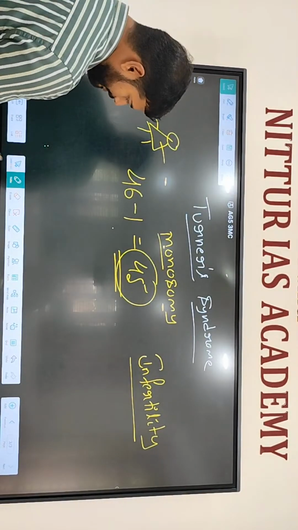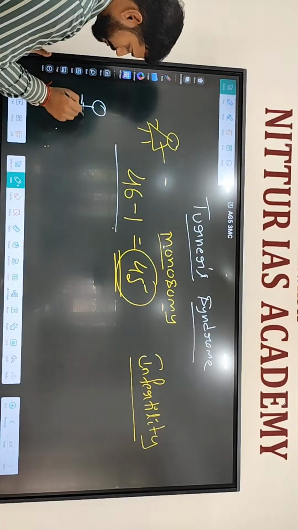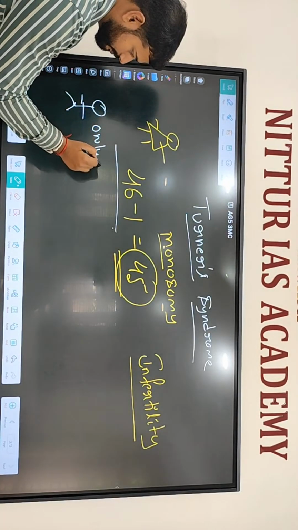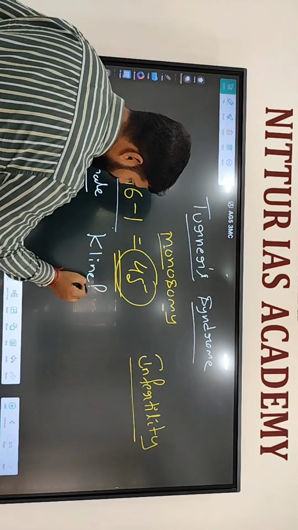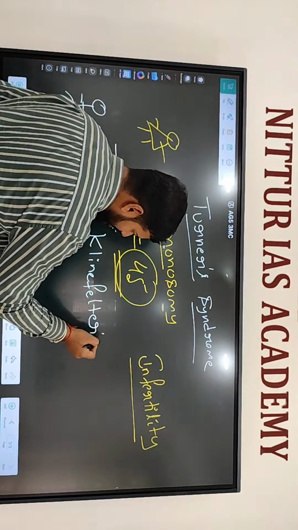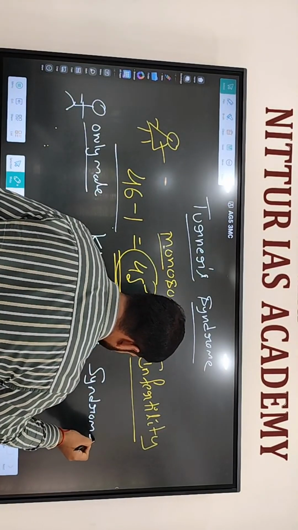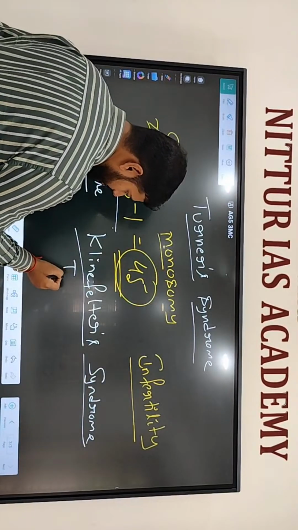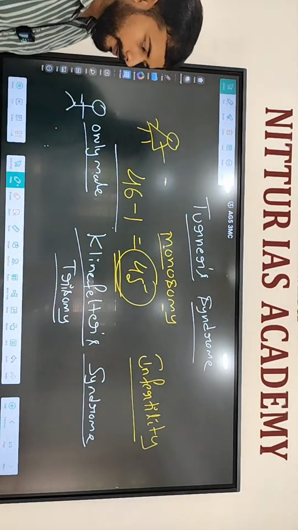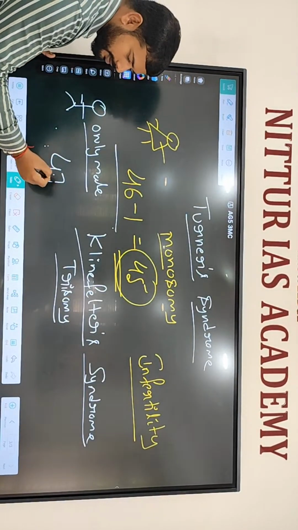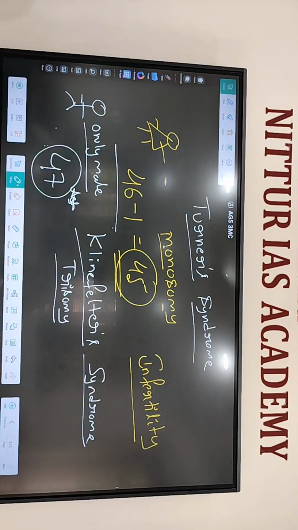Similarly, there is a condition only in males, Klinefelter syndrome. One extra chromosome is copied, trisomy. The total number of chromosomes is 47.